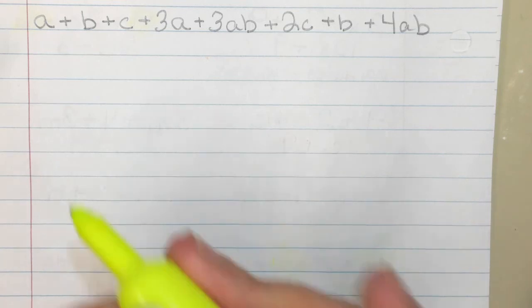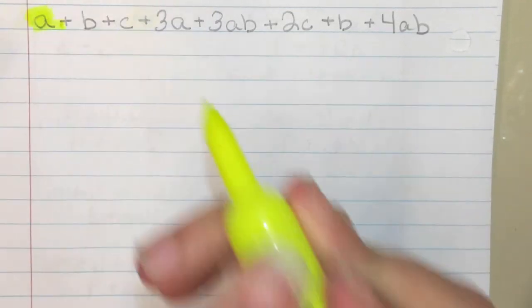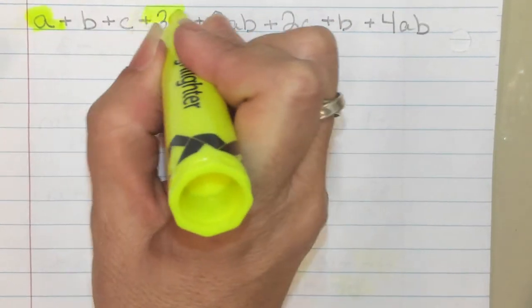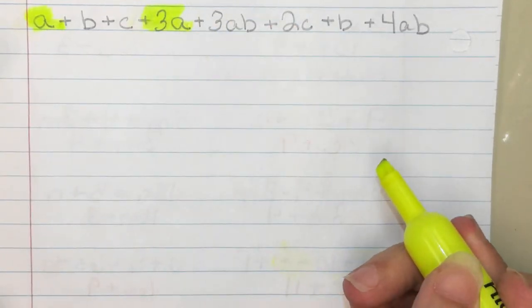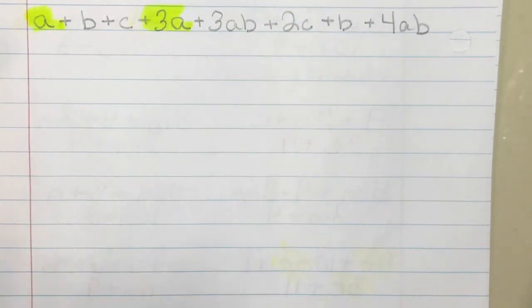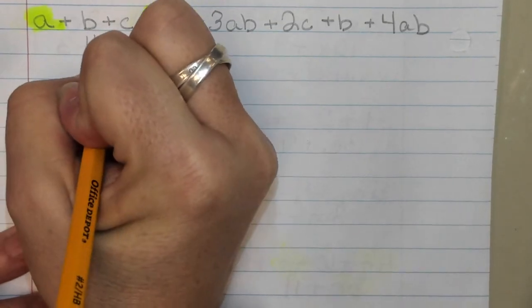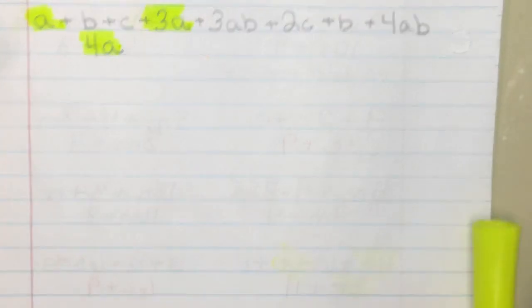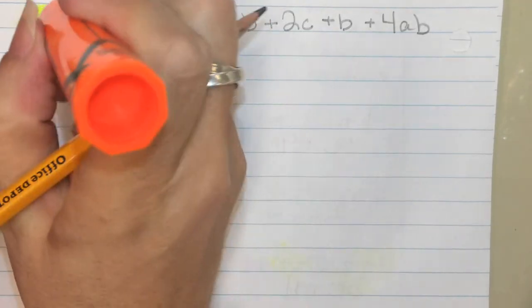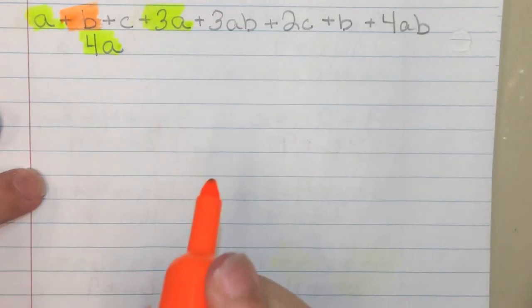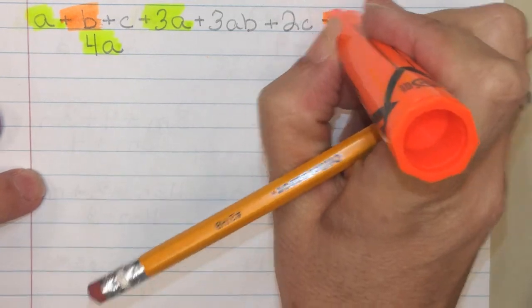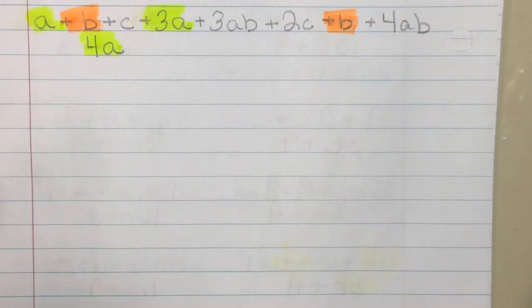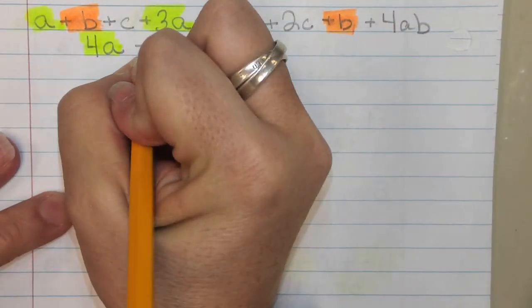Okay, so I'm going to start with the A's. I got 1A plus 3A, so that is 4A. Notice I'm just doing one at a time. I got a 1B plus a B, which is 2B.